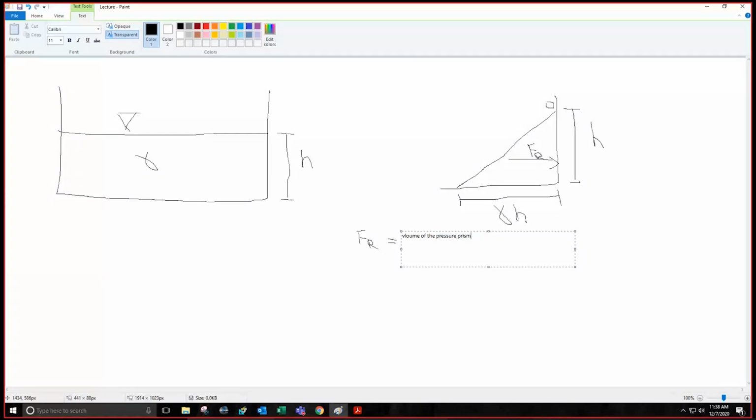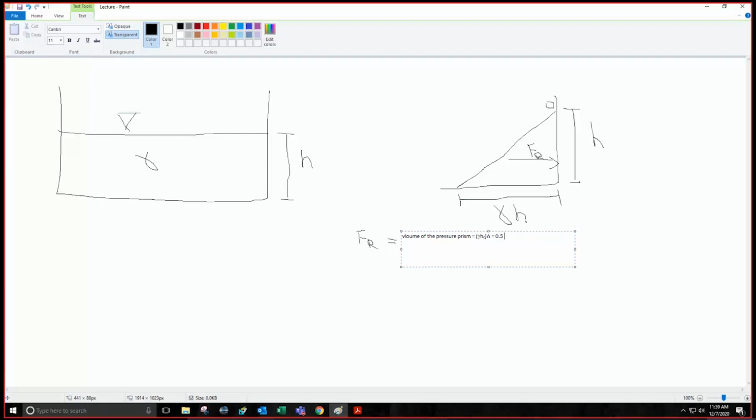That is equal to the volume of this prism, which is half, that is 0.5, base which is gamma H into the area. ठीक है? This should be equal to gamma HcA.